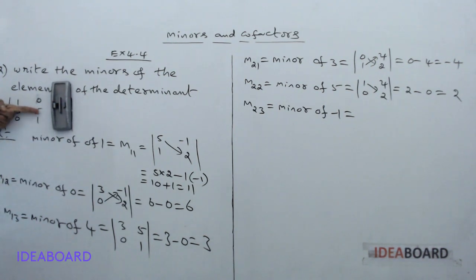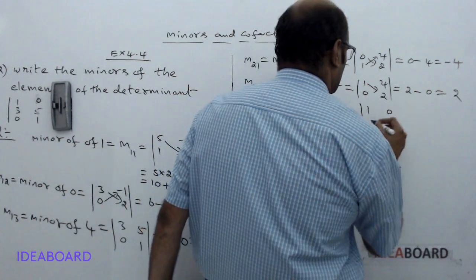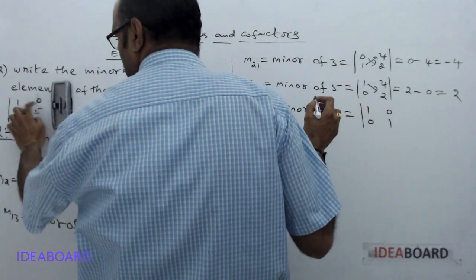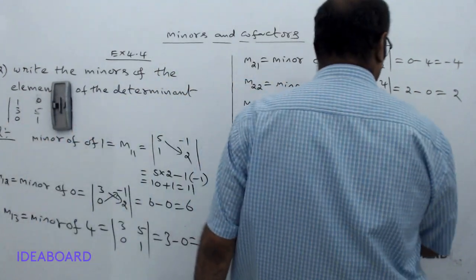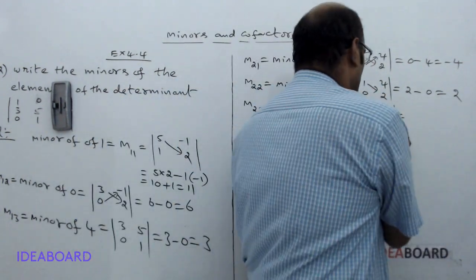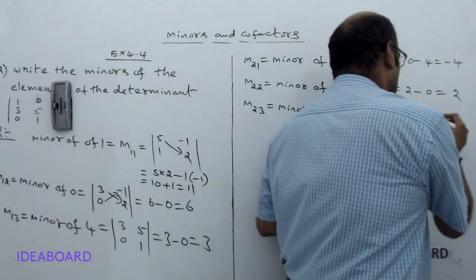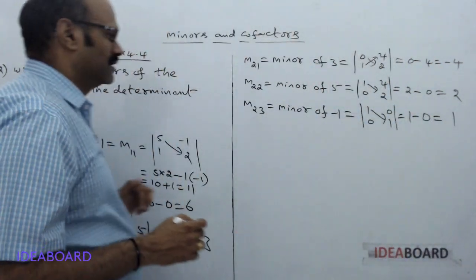The remaining elements we have are 1, 0, 0, 1. So the determinant of 1 0, 0 1. These are the 4 elements we have. So equal to 1 into 1, 1, the product of these two, minus 0 into 0, 0, equals 1.